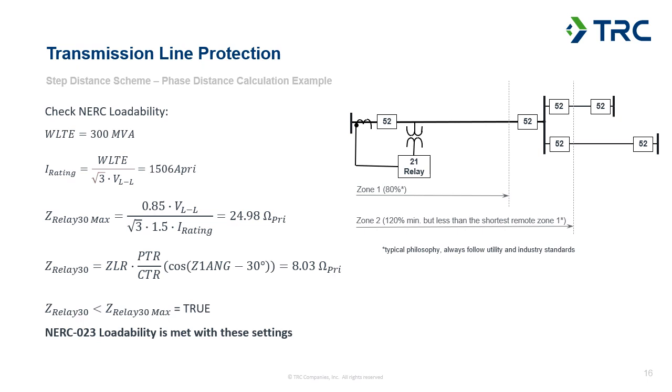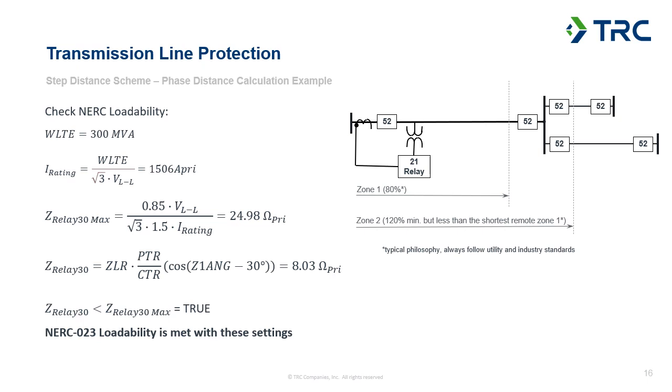So the second equation here does that calculation, and you can see that the loadability point is going to be 24.98 ohms primary, and that's how far the load region would show up on the RX diagram. That's the upper corner of that load region that defines the circular portion of that.